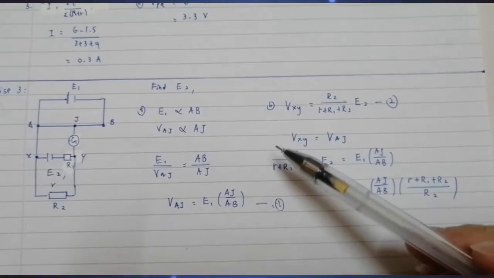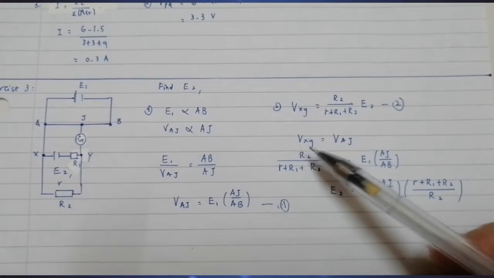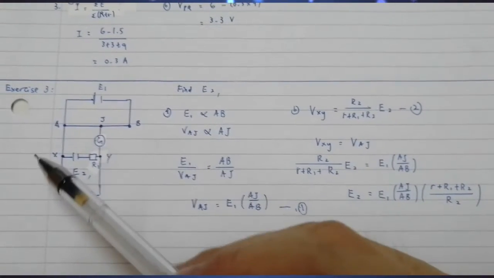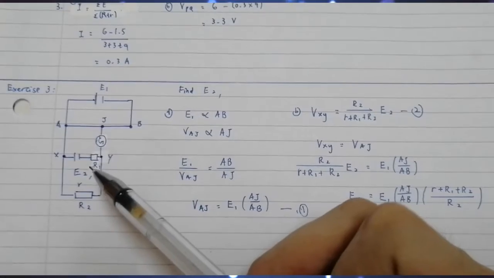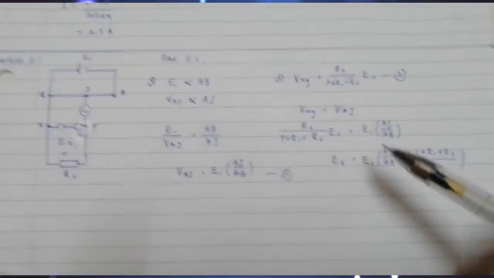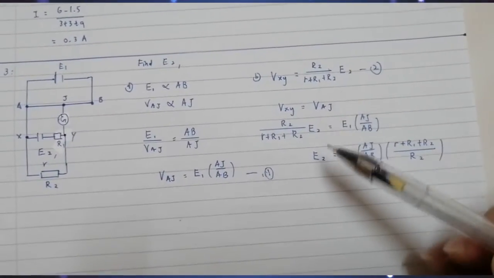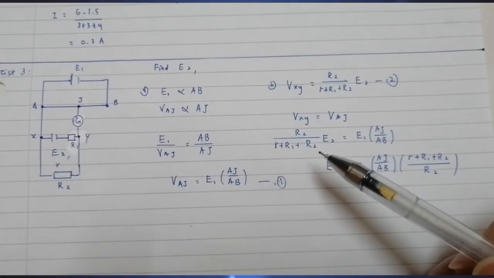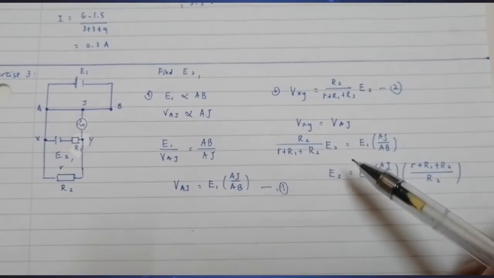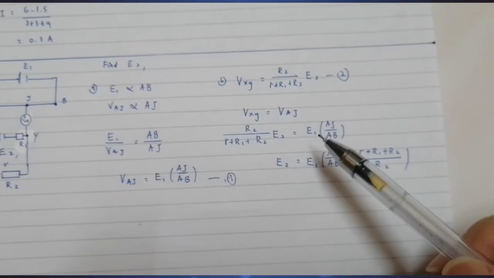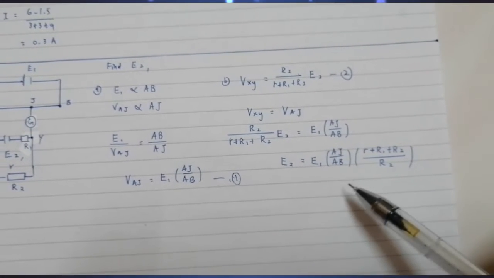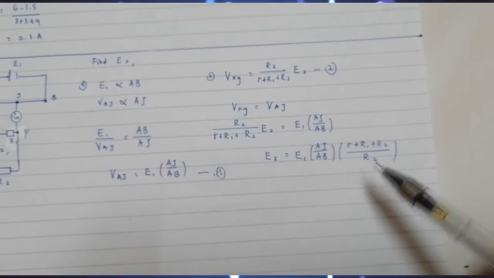So finally we have Vxy equal to VAJ. The potential difference is the same, and we put it into our first equation and second equation, and then here's the final result. Okay, thank you.